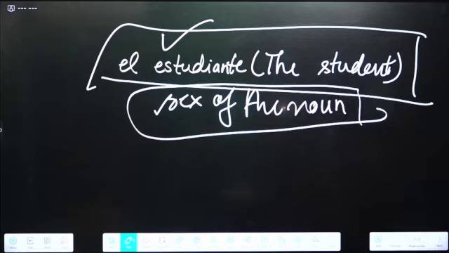In English, we can sometimes make a word masculine or feminine by changing the ending. For example, Englishman refers to a man and Englishwoman refers to a woman.